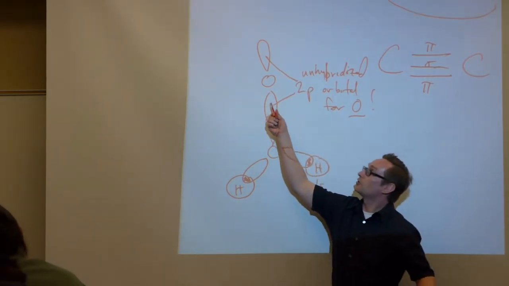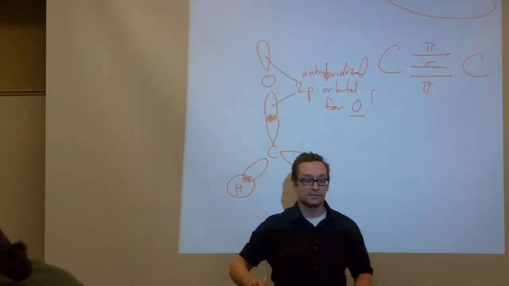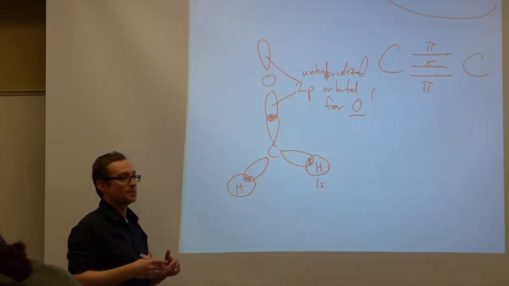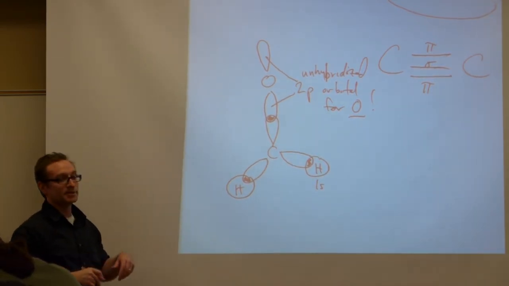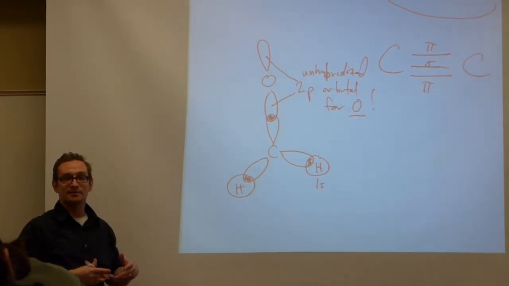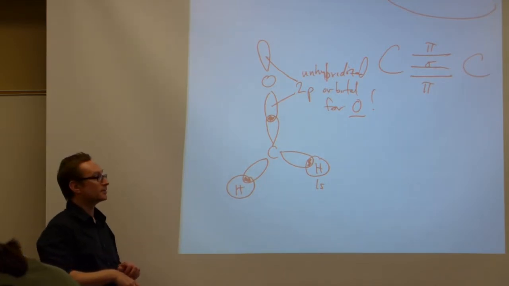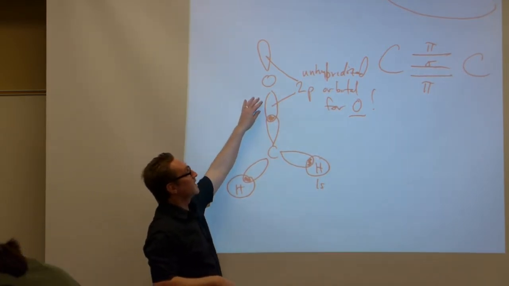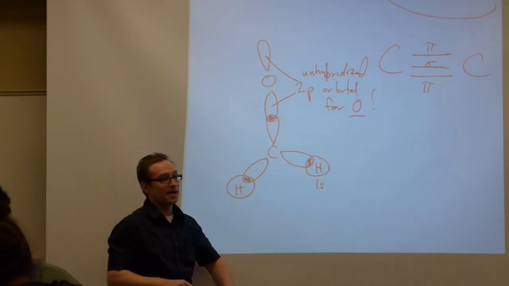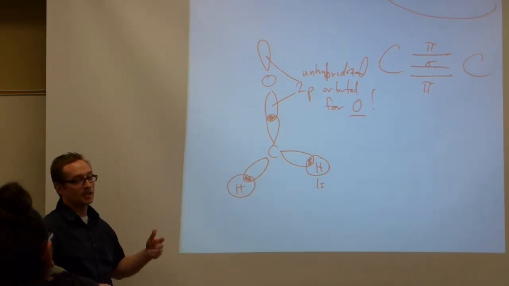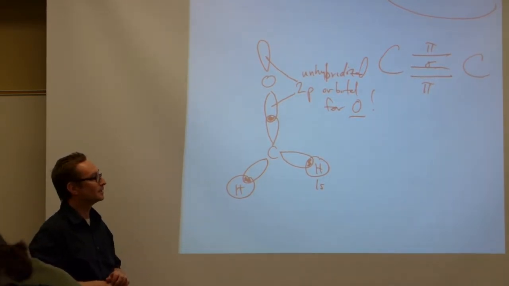So these are not hybrid orbitals. It's just two lobes of an atomic p orbital. For oxygen, it's not inner, so we don't hybridize the orbital. We just say the highest electron in oxygen is a 2p.